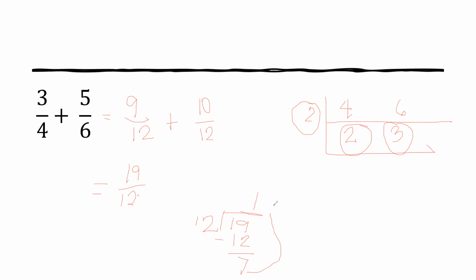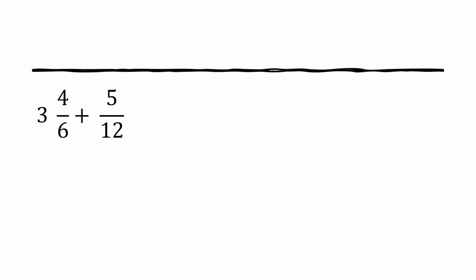So, this will be our new numerator. 7 over 12. So, this will equal to 1 and 7/12. Clear po tayo? May question? Wala na. Okay. Let's have another one.